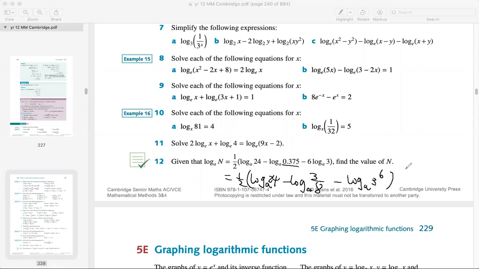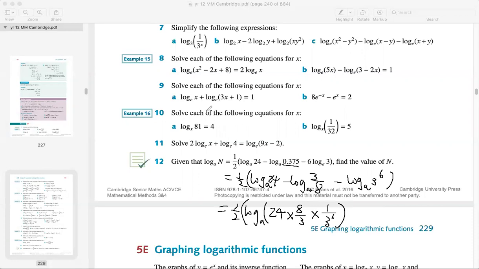Now we apply the index law, so it means half log a. Okay, let's bracket over here. So it's 24 divided by 3 over 8, which means times 8 over 3. Make sense? And divide by 3 to the power of 6, which means times 1 over 3 to the power of 6.